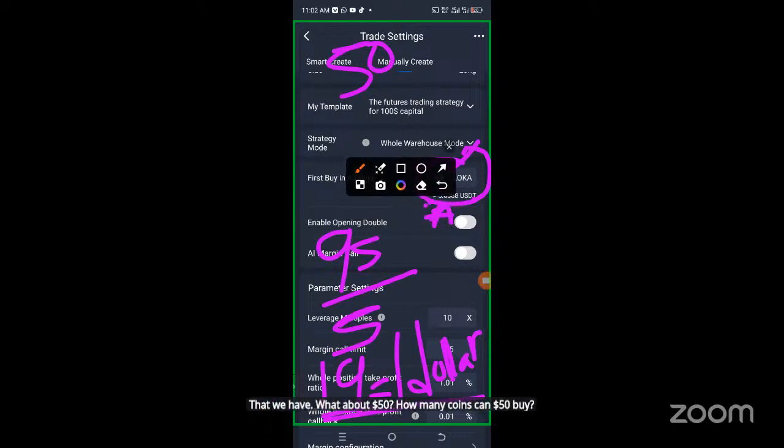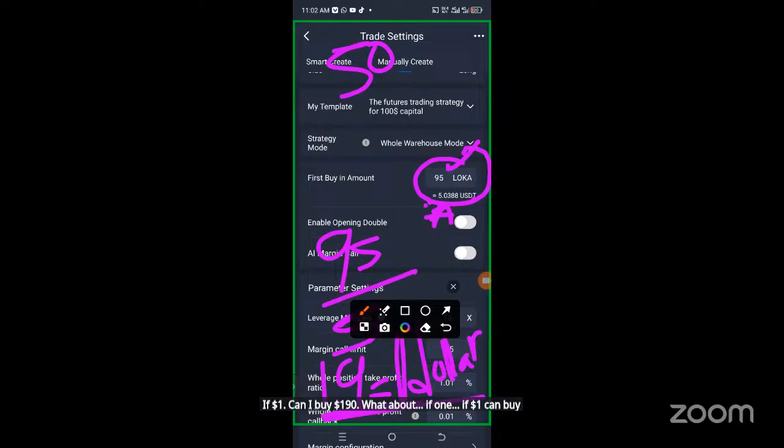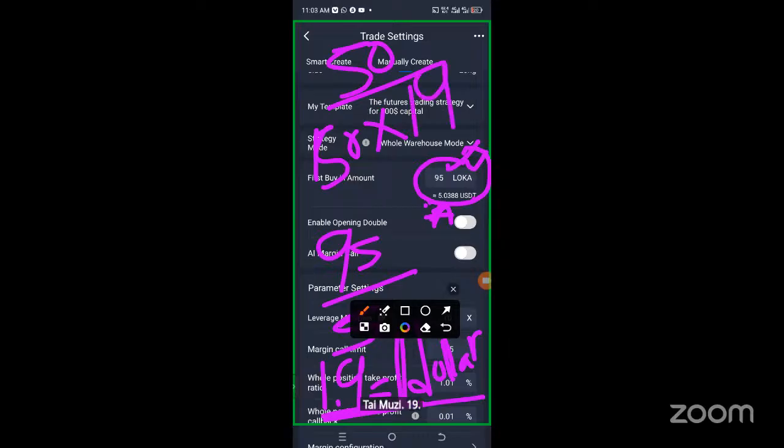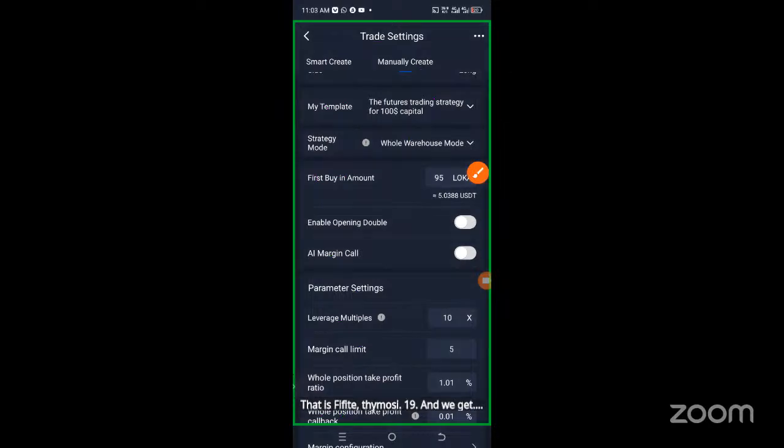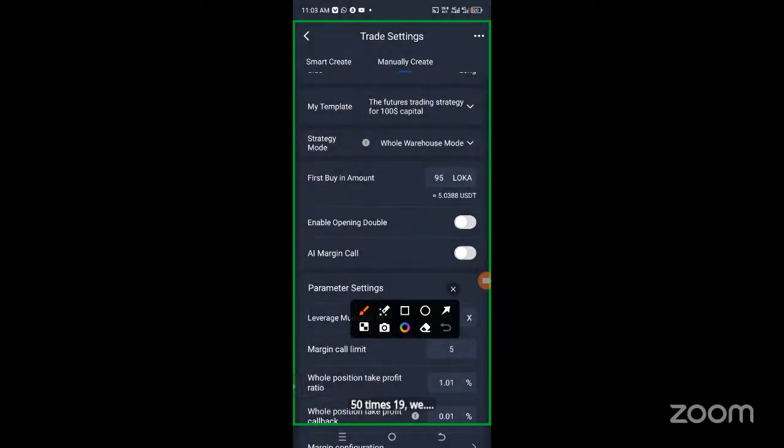If $1 can buy 19 coins of local, then $50 is 50 times 19, and we get 950 coins of local.